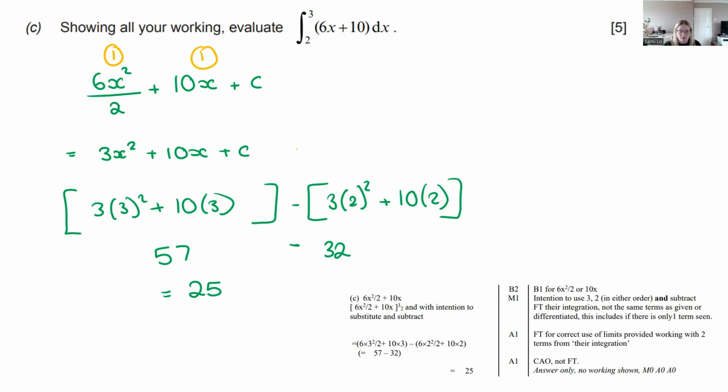So I've shown I've got intention to substitute right here. So I've got another mark given. Then I've got A1 for showing that I am substituting. And my last A1 mark for my final answer. So 1, 2, 3, 4, 5 marks given there. So hopefully we got that. And well done if you did. Let's finish this.